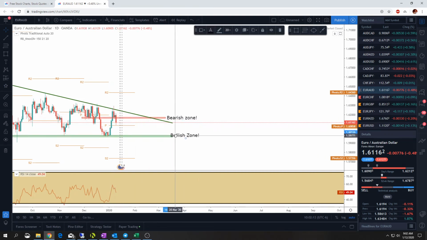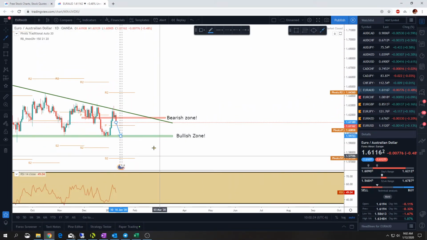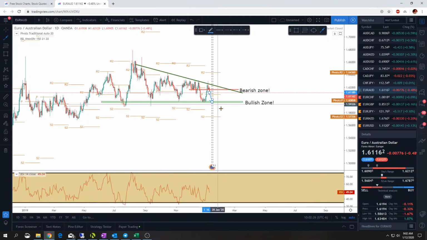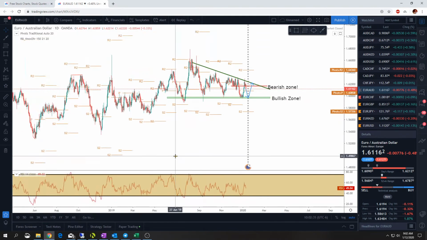I'm not going to get bullish till we get down to this support range. So basically what I'm going to be looking for is, if price continues to here, what is it going to do? Is this going to be the time we break that support and we get a big drop? Or is this the time that we get long and we look for that break on that channel?